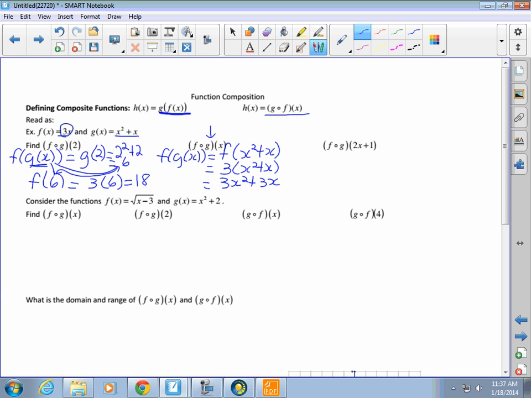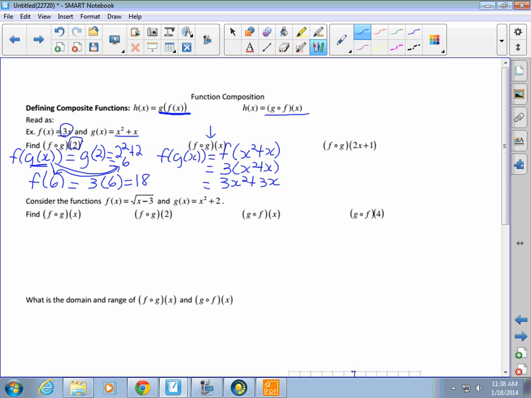If I had done it this way, where I found the equation first and then did the substitution, I would have had 2 squared is 4, 4 times 3 is 12, plus 3 times 2 is 6, 6 plus 12 is 18. So I would have had the same answer. Doing it this way, substituting the value in first, saves you a little bit of time. Either way will get you the same answer.